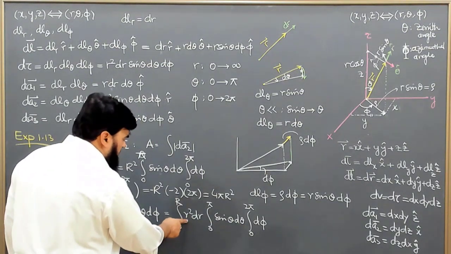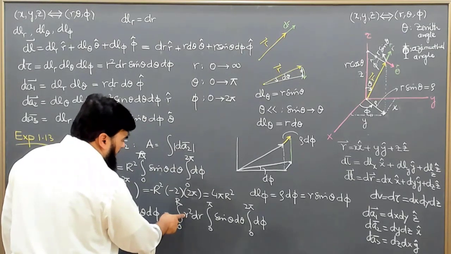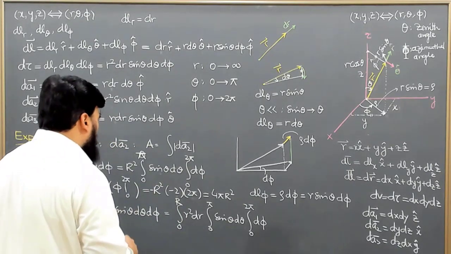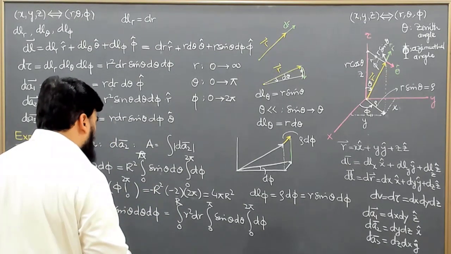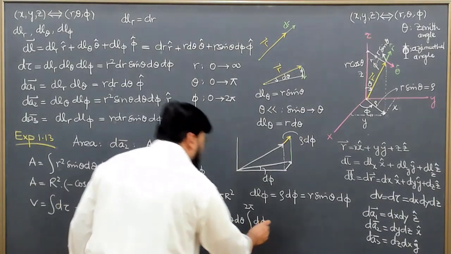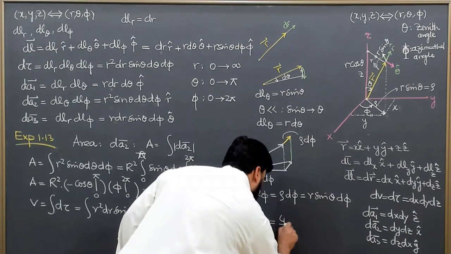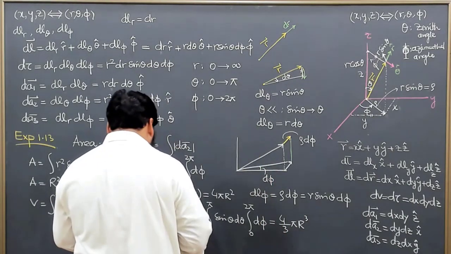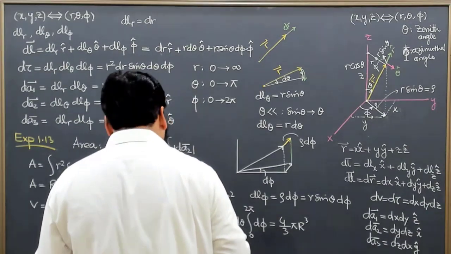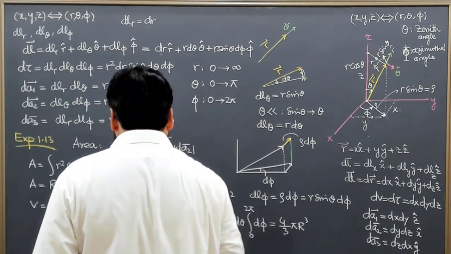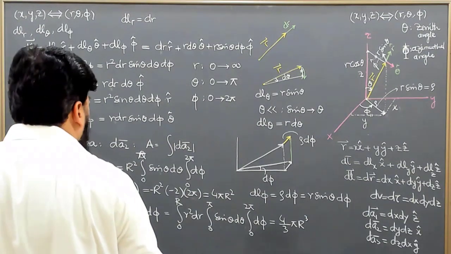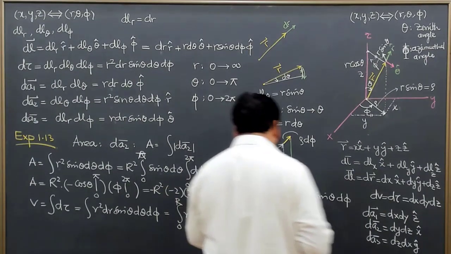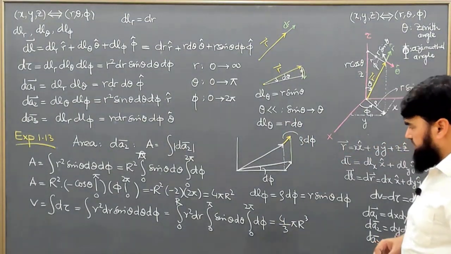The r integral will come out to be r cube over 3, from 0 to R, so it is 1 over 3 R cube, and 4 pi from here, so we got the volume equal to 4 by 3 pi R cube. This is the volume of a sphere, a well-known result we have from geometry.